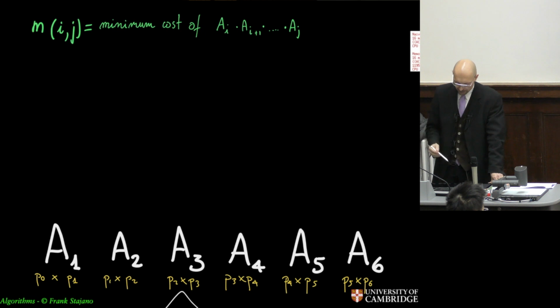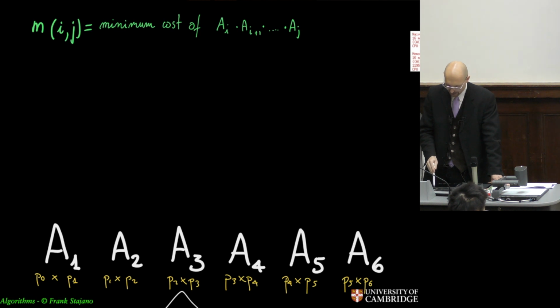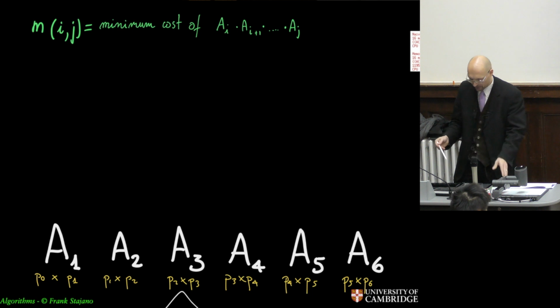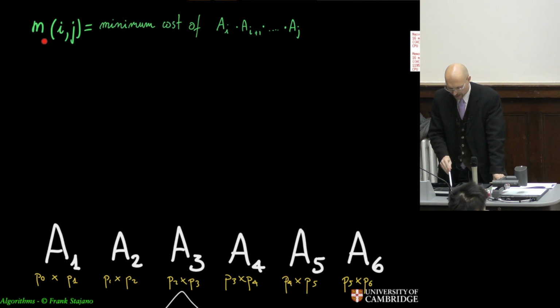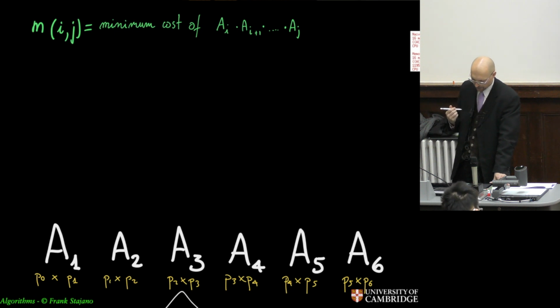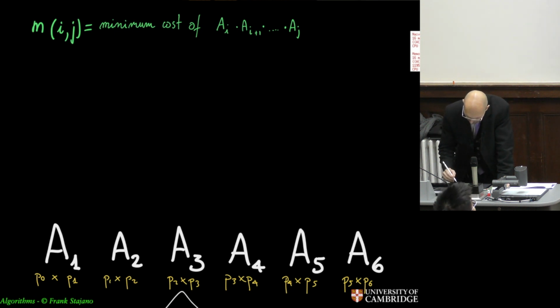So I'm going to use this notation Mij to mean the minimum cost of multiplying Ai times blah, blah, blah times Aj. So M25 is going to be the minimum cost of multiplying A2, A3, A4, A5, which I could do in several possible ways. Whichever way costs the least is going to be denoted by Mij. So what is going to be the cost of Mij?